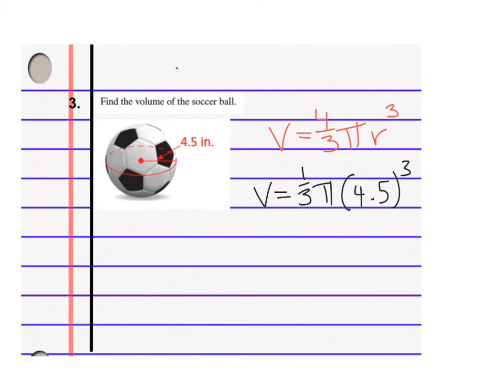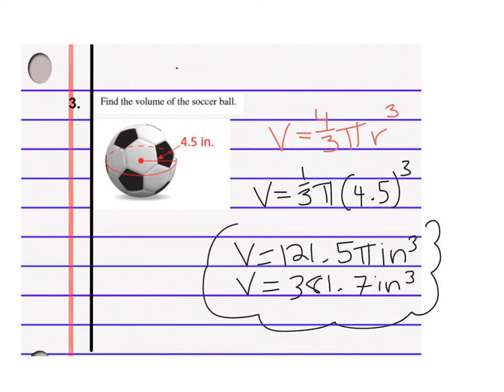So you can do that whole thing in your calculator. If you leave it in terms of pi, you get 121.5 pi cubic inches. If you multiply that out, you get 381.7 cubic inches.